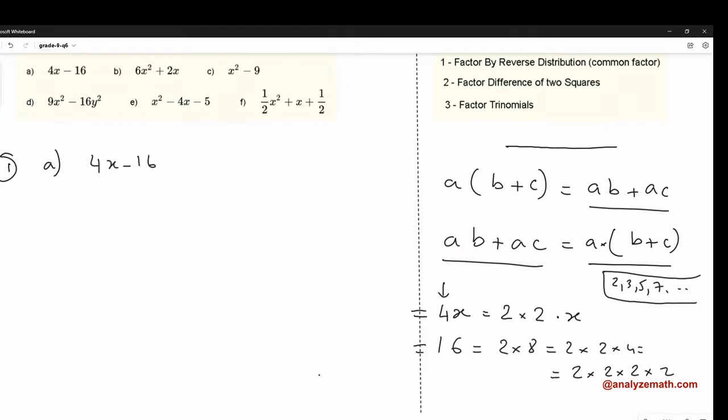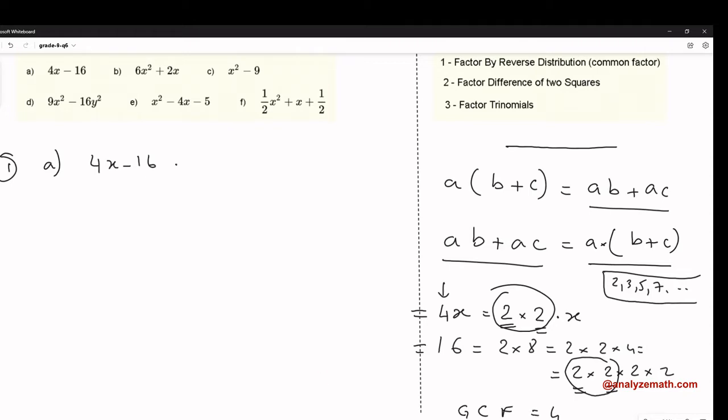Try to find all the common factors. 1 here, 1 here, 1 here, 1 here, and that's it. These are the common factors. So 2 multiplied by 2, 2 multiplied by 2, and this is common. This is called the greatest common factor, GCF, is equal to 4.